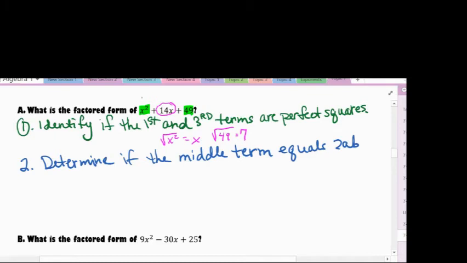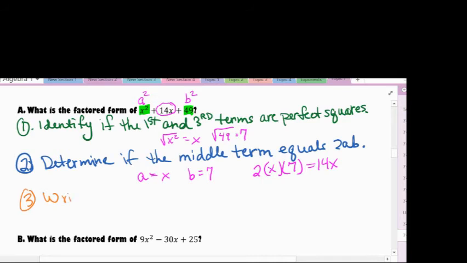So our a term, remember that this is a squared and this is b squared, equals x, and our b term equals 7, because that's the square root of 49. So we need to say 2 times a times b. So 2 times x times 7, that equals 14x. So we have determined that steps 1 and 2 are true.